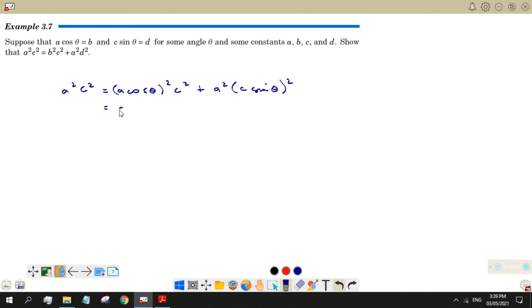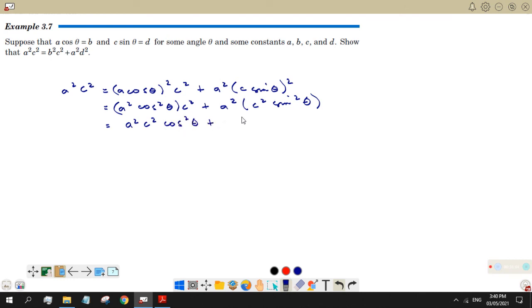We have here A squared cosine squared theta times C squared plus A squared times C squared sine squared theta. Now, i-arrange natin siya. We have, ano to? A squared, C squared, cosine squared theta.